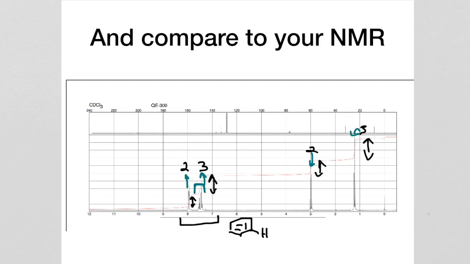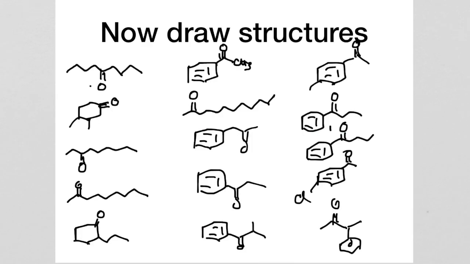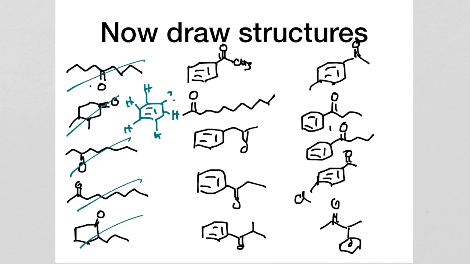Now I'm going to think about these protons for a minute, and I'm going to head back to my structures. Since I know that I have 5 protons that are attached to aromatic rings in my structure, I know that my unknown has this structural feature somewhere, so I can start crossing out any molecule that doesn't have an aromatic ring.